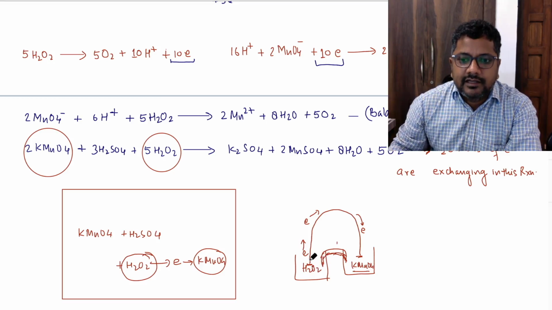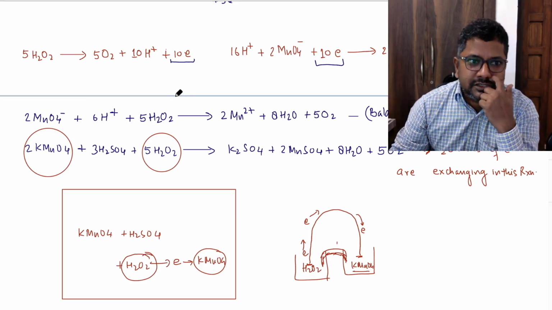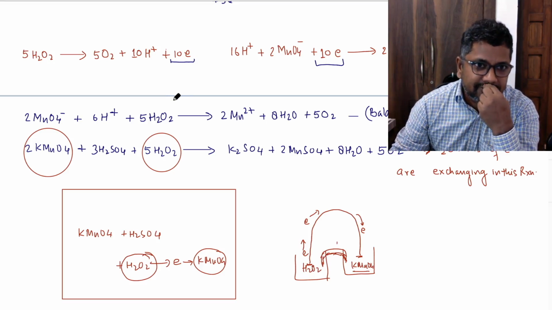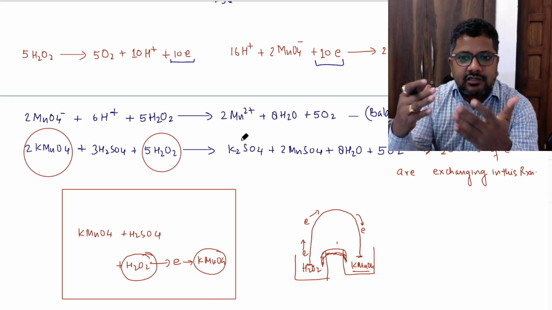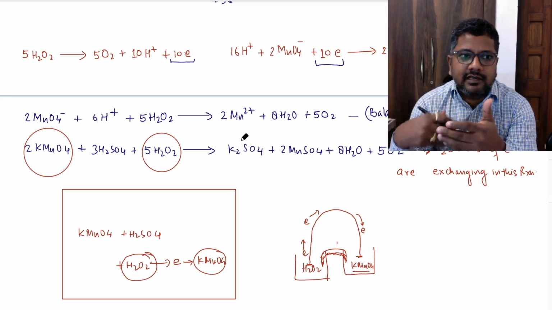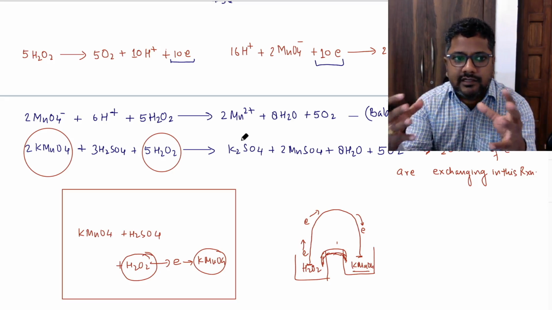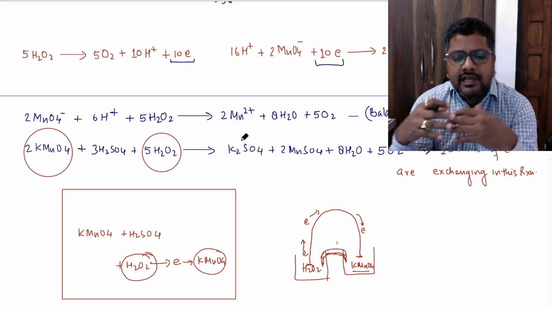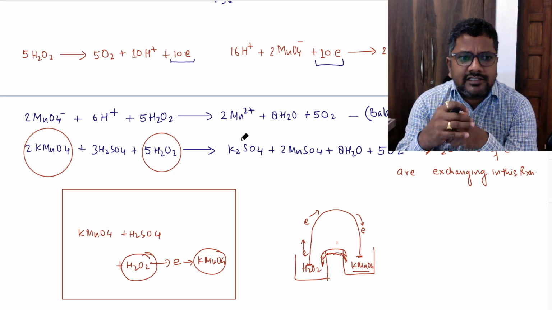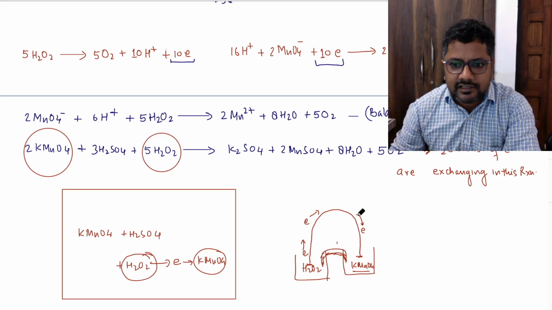So we can use these electrons which were lost in the oxidation half reaction. We can exploit them in the external circuit and do some work, like we can illuminate an electrical bulb, or operate some motor or some circuit. It means we can convert this chemical energy into electrical energy.